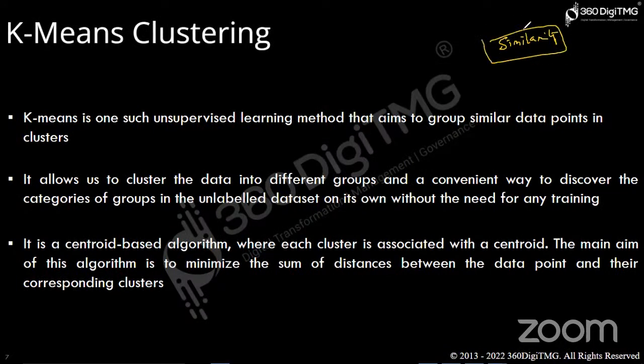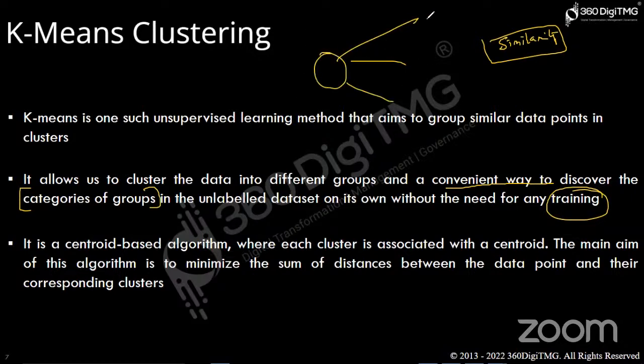It allows us to cluster the data into different groups, and is a convenient way to discover the categories of groups. If you have unlabeled data and we are trying to find the categories of the groups without the need of any training, directly we are doing it. We are just applying my machine learning model, and I am getting three different clusters. That's it. I have the data, and I am dividing this data into three different clusters.